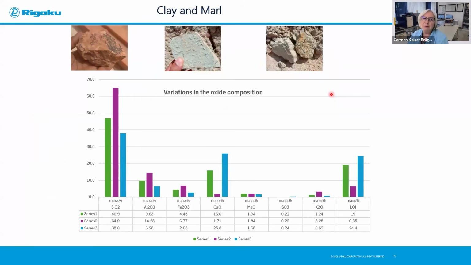So the challenge always is, of course, that we have very different amounts of silica and alumina and so on, and a lot of different amounts of alloy. So very often in the lab, the different loss on ignitions, the different colors can help us to identify what type of mineral it is, clay or marl, if you don't have an XRD.